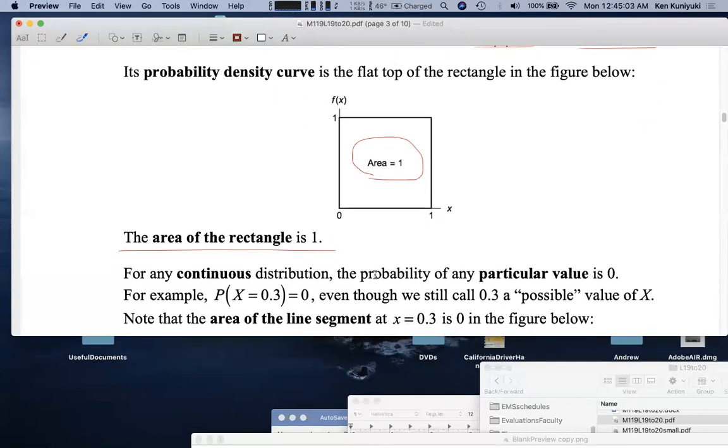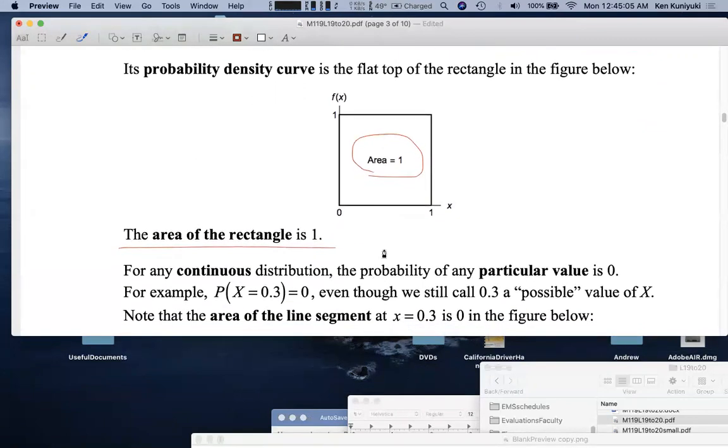For any continuous distribution, the probability of any particular value is 0. So for example, let's say that 0.3 is over here. If you look at the corresponding area, really it's just a line segment.